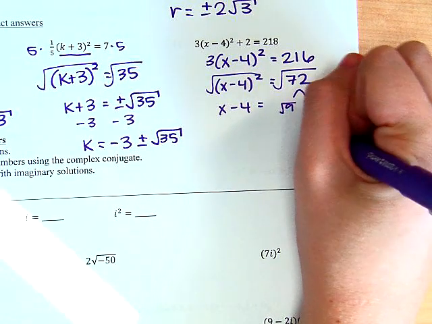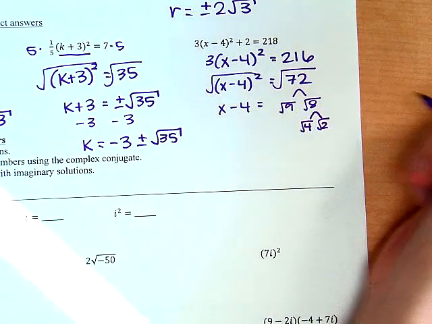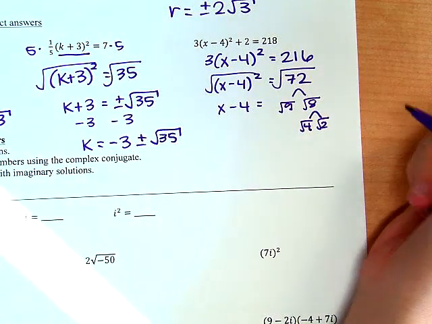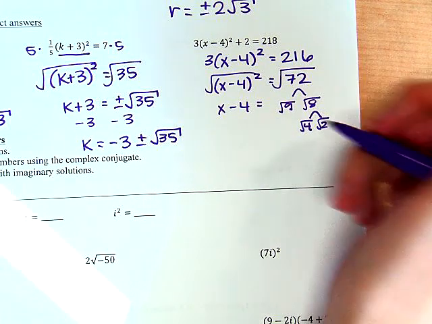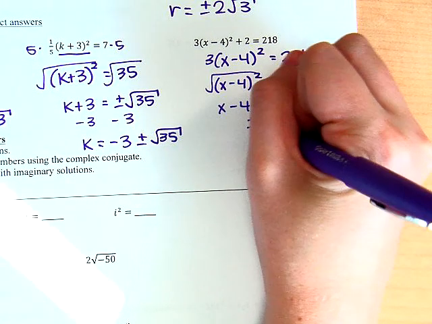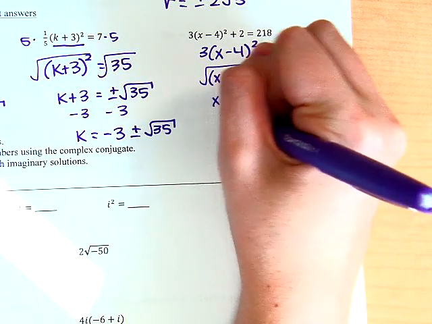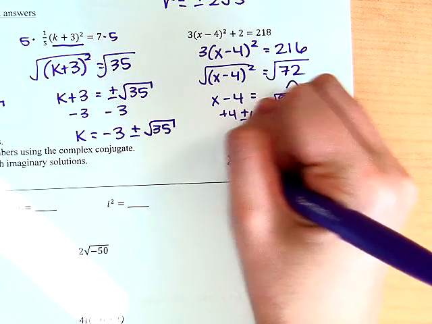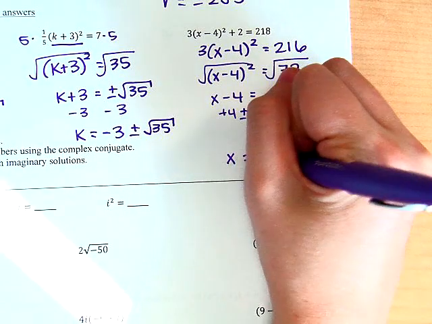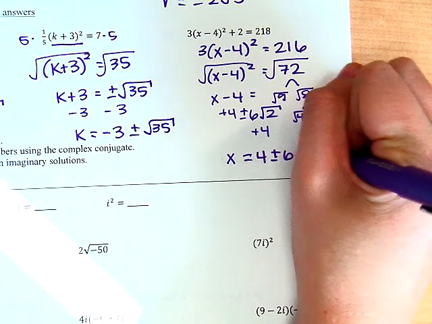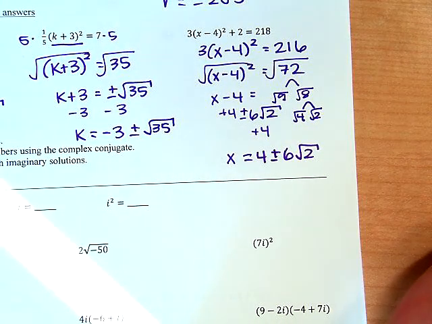Well, then we can break down 8 further, 4 and 2. So it's really 3 times 2. So it's really 6 square root 2. So it gives me plus or minus 6 square root 2. So that when I add 4 over, I can't add it to the 6, so it's 4 plus or minus 6 square root 2, because that square root 2 is attached to the 6.